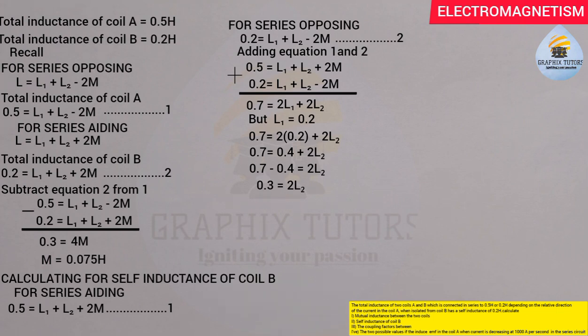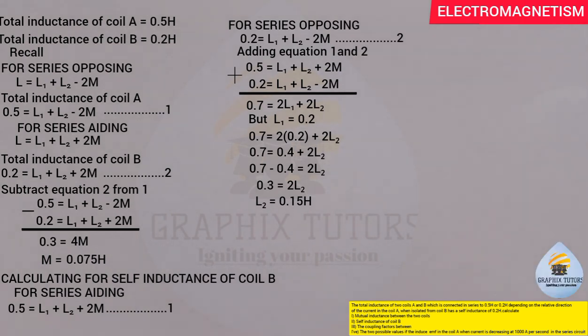So L2 will be 0.3 over 2, which is 0.15 Henry. That is my self-inductance L2 of coil B. Is that okay now?